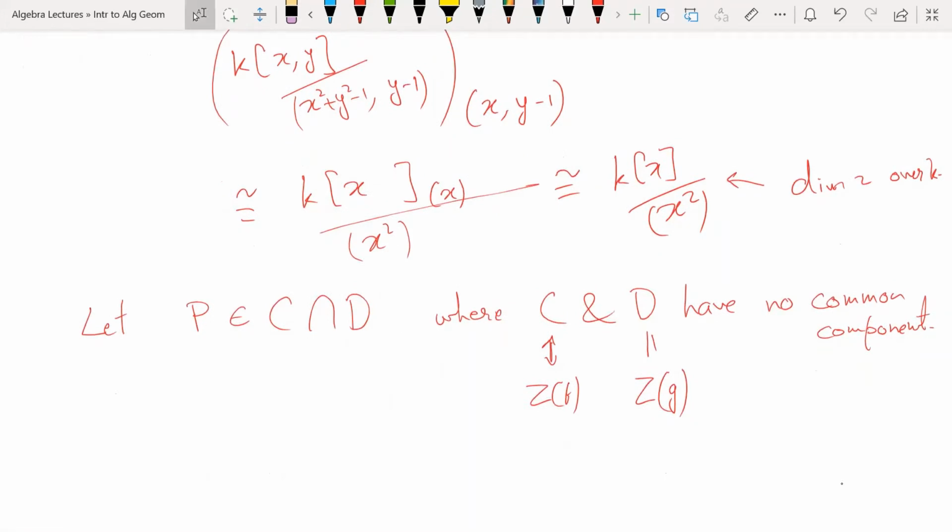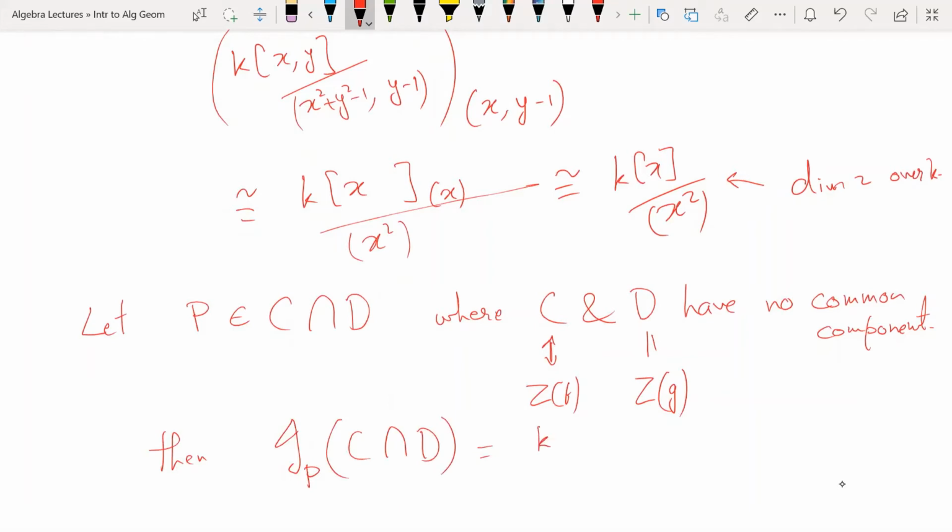Then the intersection multiplicity at P of C intersection D is as follows.